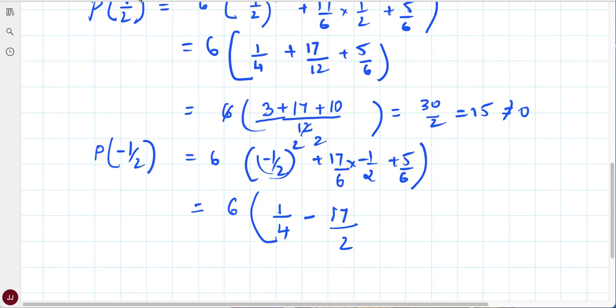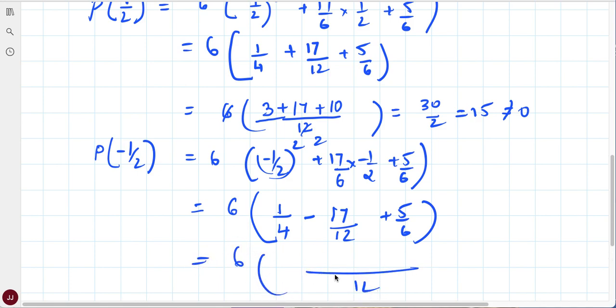So this becomes 17 by 12, 17 by 12, and this becomes 5 by 6. 6 into 12 LCM, 3 minus 17 plus 6 to the 12, 10.